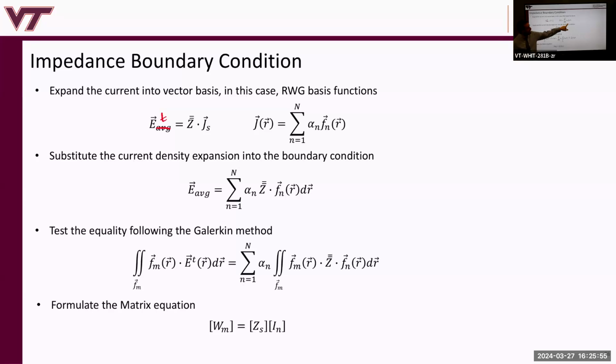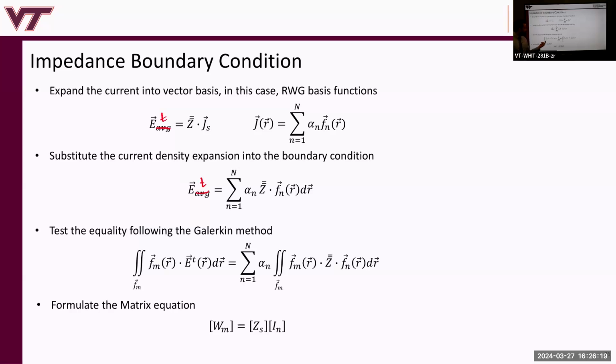All right? The next thing we do is substitute that current back into the boundary condition. So E total here is equal to, and we can factor out these summations from the dot product. And we have the following expression, right? Now let's test the equality using the testing functions.